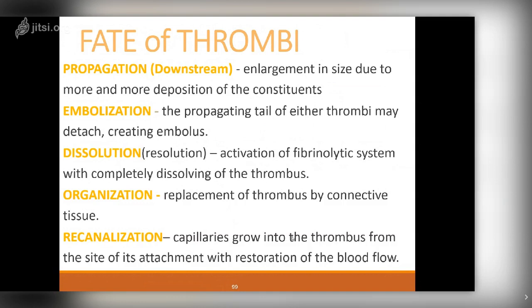Embolization, it is detachment of the piece of the thrombus with transport of it in the direction of blood flow. Dissolution or resolution, it is favorable outcome. It is a removing of the thrombus by our organism through activation of fibrinolytic system.